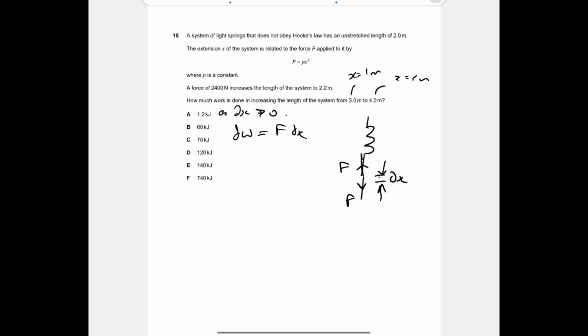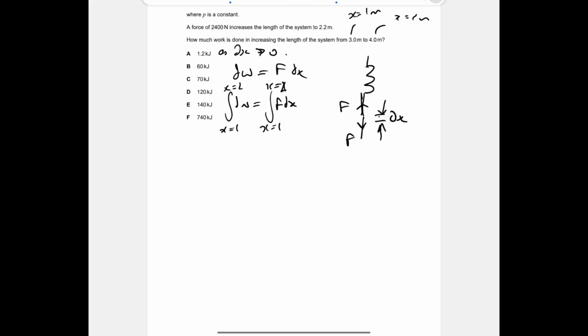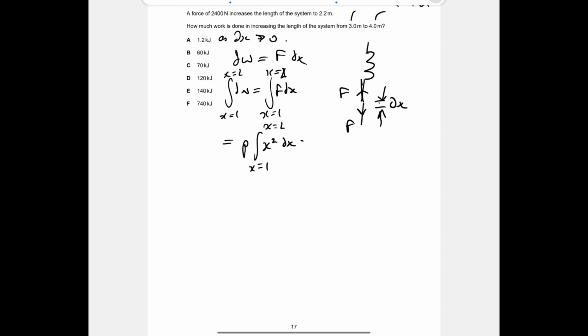So sorry, let's call that total work done, the integral of F dx from x equals 1 to x equals 2, which is going to be p times the integral from 1 to 2 of x squared dx.